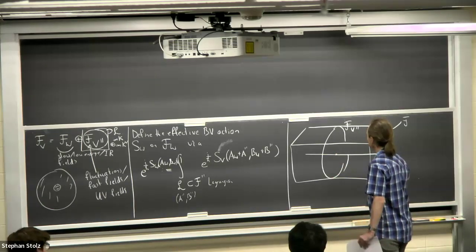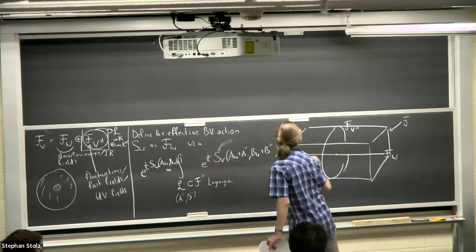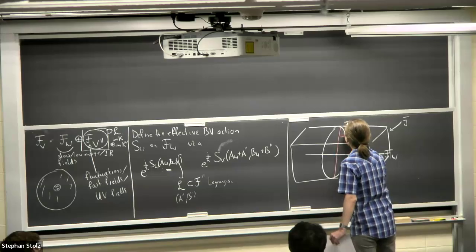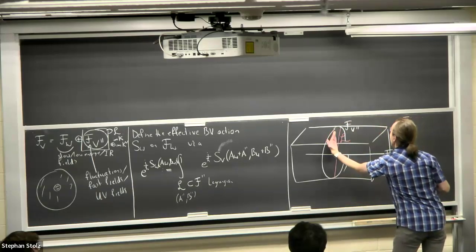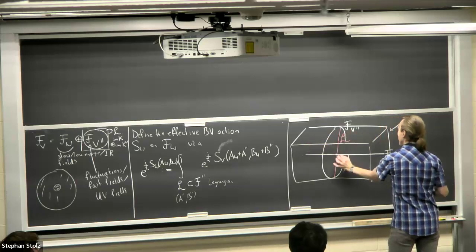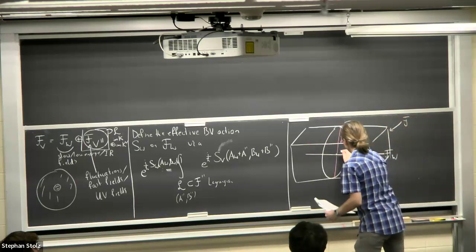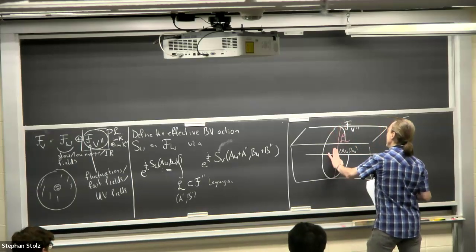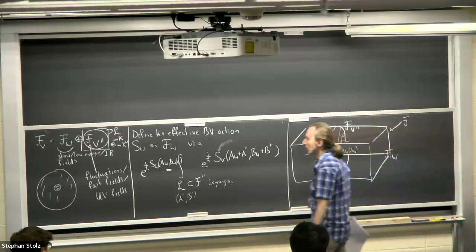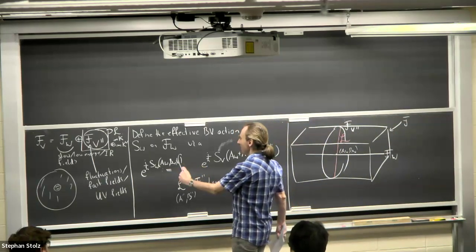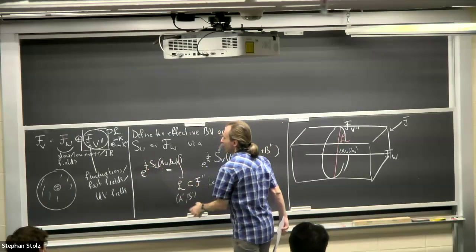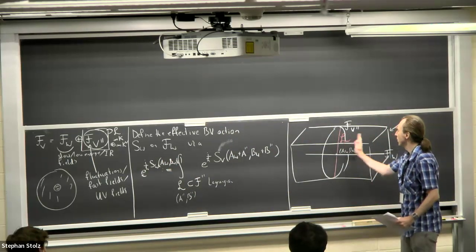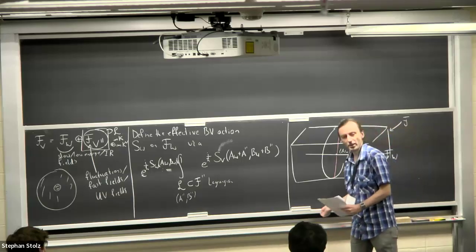What I'm doing is a fiber integral, but in each fiber I'm choosing a Lagrangian L. So this big fiber is moving along F_W. Fixing a point in F_W, which is a pair A_W, B_W, I'm integrating over a Lagrangian in the fiber over that point. The result will be some number, the exponential of the effective action for that A_W. So it's a fiber integral, but where I'm picking a Lagrangian in the fiber.